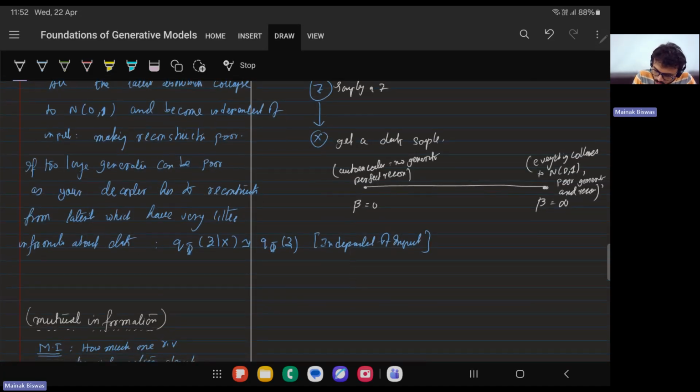So here, you have these features. Autoencoder, no generation, perfect reconstruction.